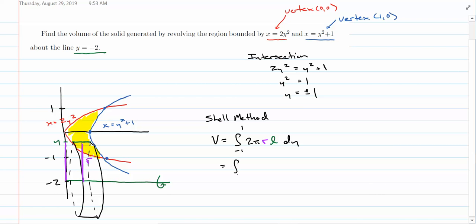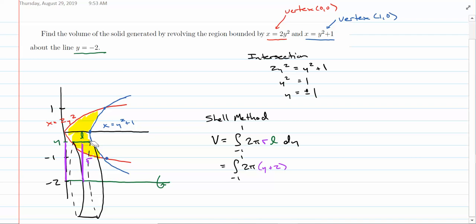So we still have the integral from negative 1 to 1, still got a 2 pi in there. The radius of our shell is going to be y plus 2, which is just the simplified version of y minus negative 2. The length of the shell is just the length of the strip, and that's going to be the difference between the blue function and the red function.